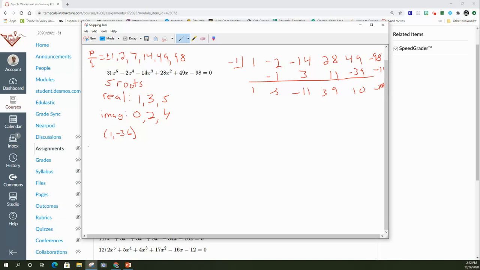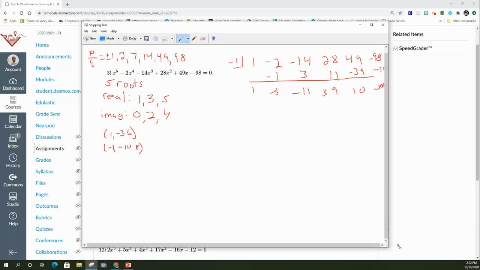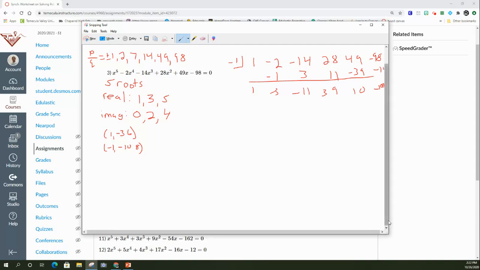I ran out of room right there, but so that's going to be negative 1, negative 108. Make that bigger. All right, let me erase all that.